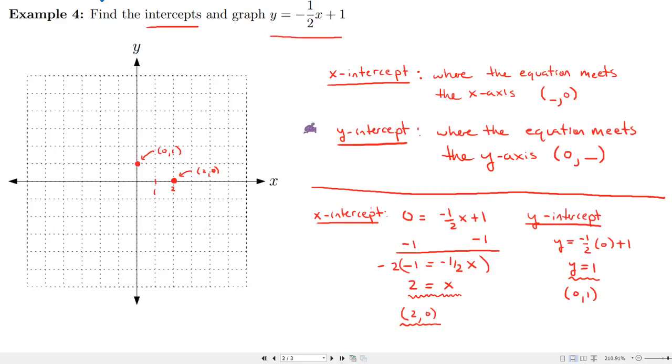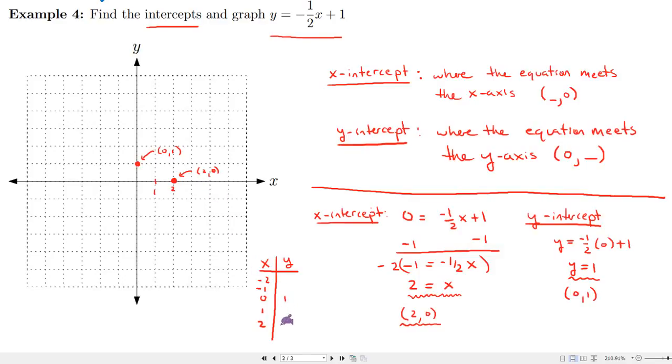Right? As we talk about lines a little bit more, lines are actually completely determined by 2 points. So those are actually 2 points that would be on the table that we could use to actually graph this, right? So if we make a table for this real quick, right? So x, y. Okay, and let's say that I pick the x values -2, -1, 0, 1, and 2. We already actually have 2 of these values, right? So at x equals 0, y was 1.